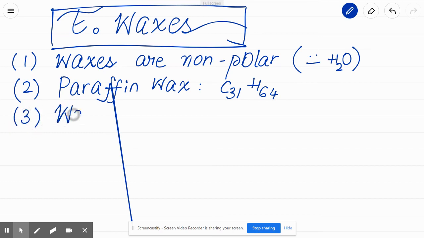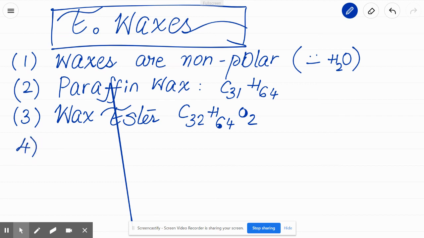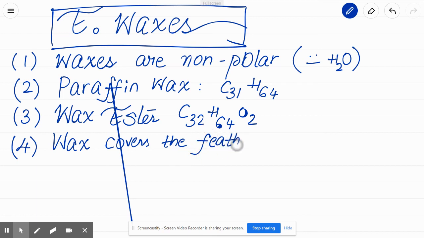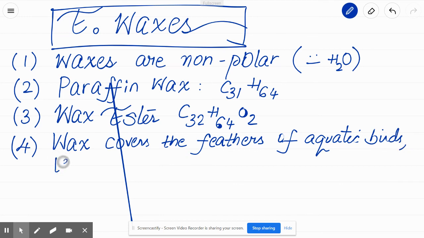Next, wax ester. Little different than paraffin wax. Now, the basic function or a feature is that this wax covers the feathers of aquatic birds and leaves of plants.